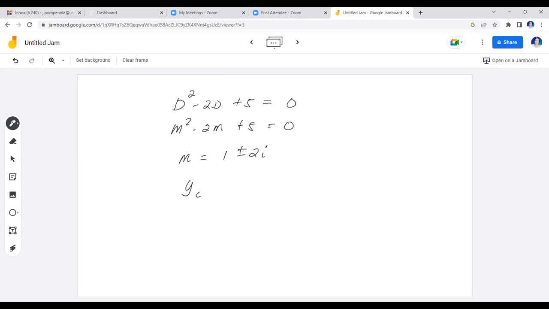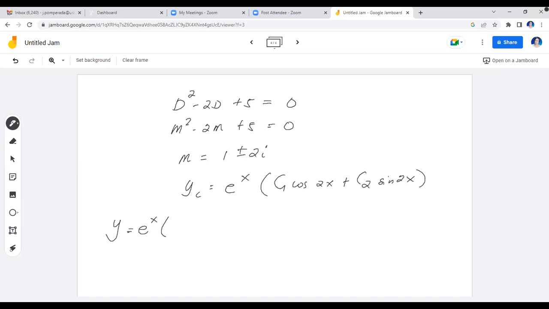So your yc in this case will be using this complex pair of roots. So you have e raised to x times the quantity c sub 1 cosine 2x plus c sub 2 sine of 2x. Your complete solution should still be the sum of these two.